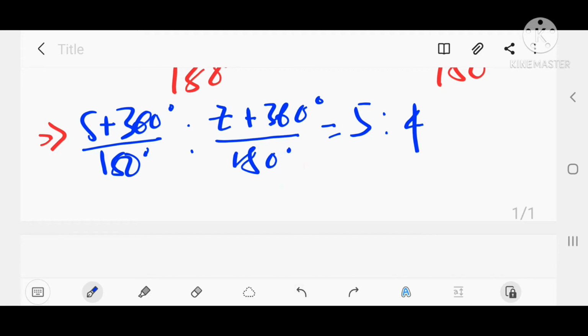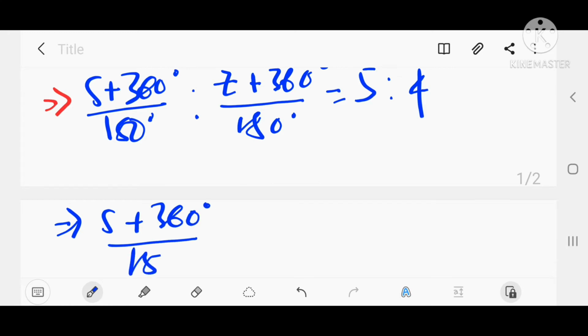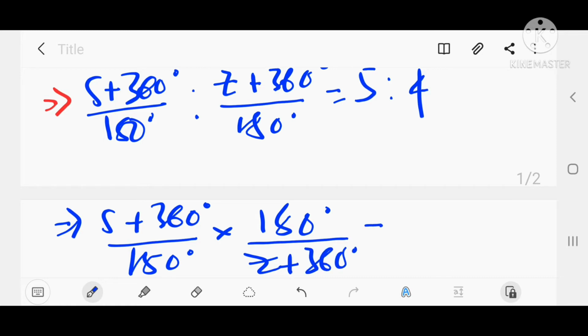For simplifying it further, the ratio sign means division, so we need to change it to a multiplication. We have (s plus 360 degrees) on 180 degrees times 180 degrees on (z plus 360 degrees) equals 5 on 4.